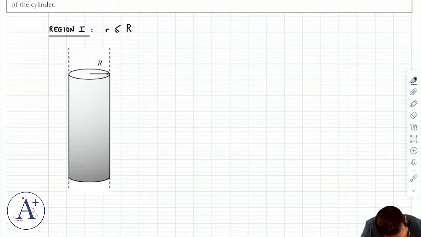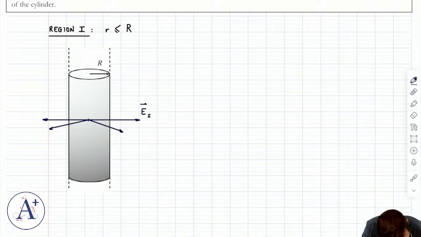We said that our electric field looks something like this. Yeah, it's going to be radially outward. I'm going to call it E1 for region 1. But that's radially outward in all directions within a horizontal plane, right? So E is going to look like this.